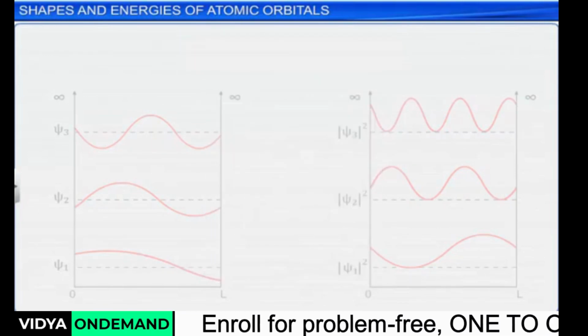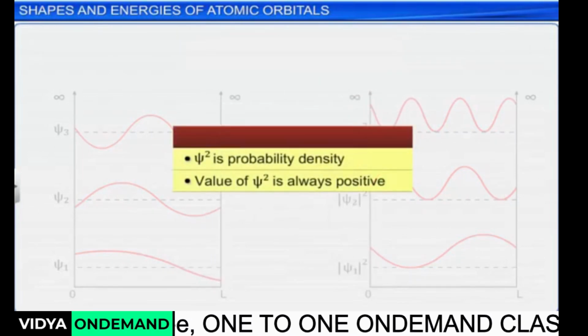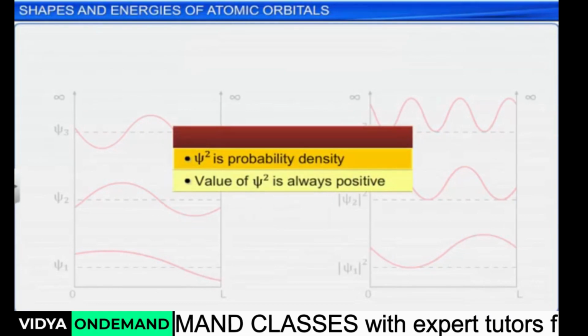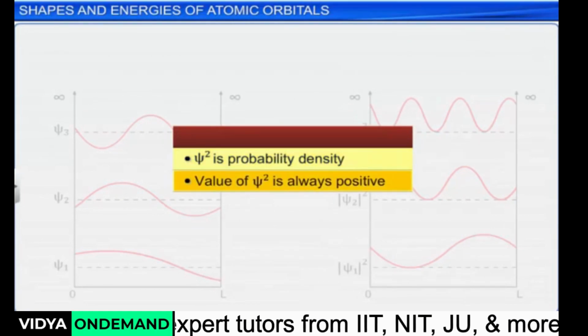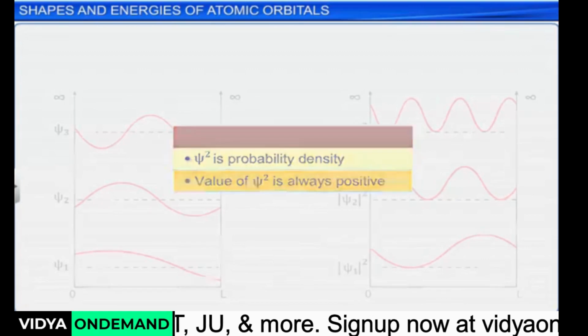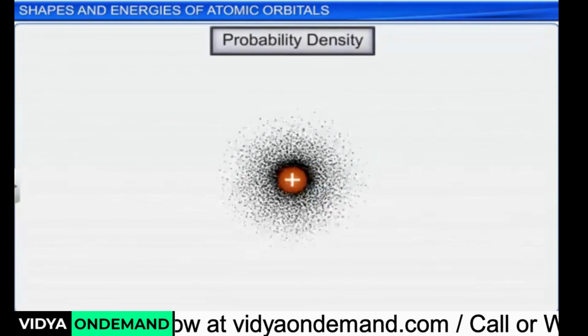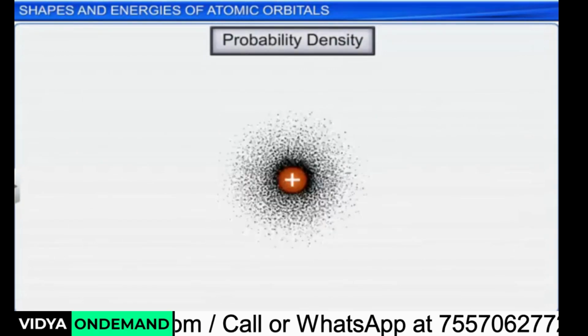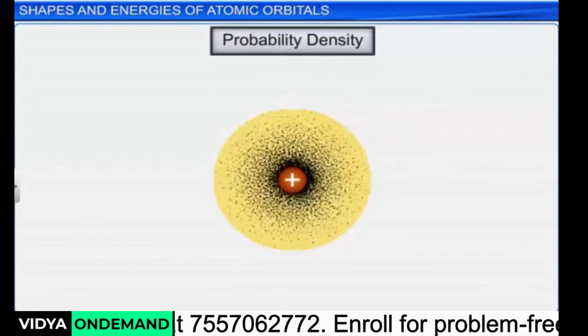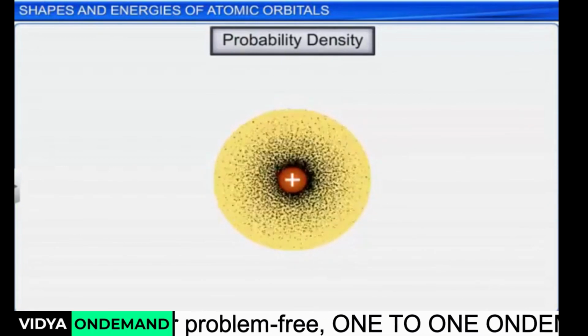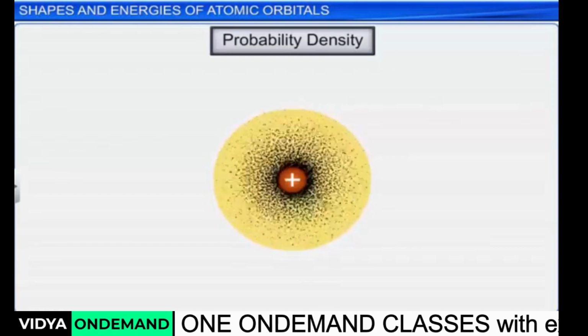That is why the function psi square is called probability density, and is always positive. By finding the probability density at different points in an atom, one can predict the region of space around the nucleus within which the probability of finding the electron is the maximum.